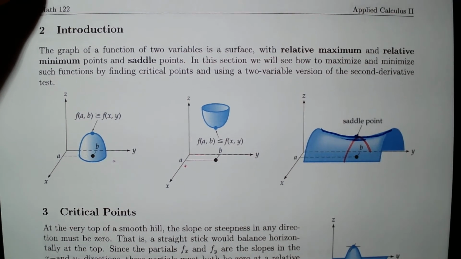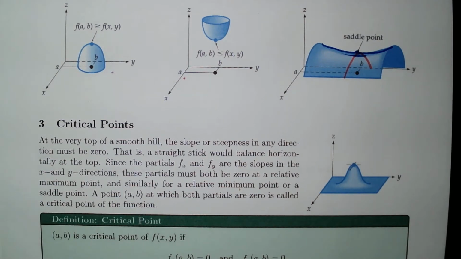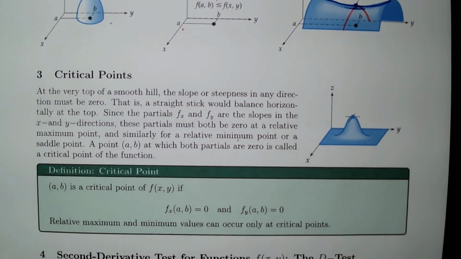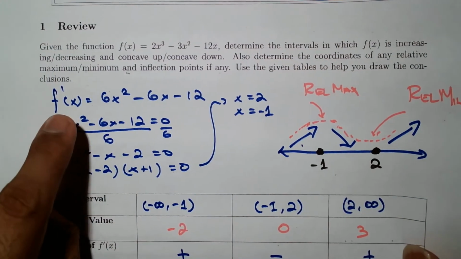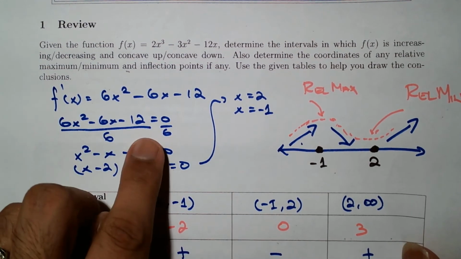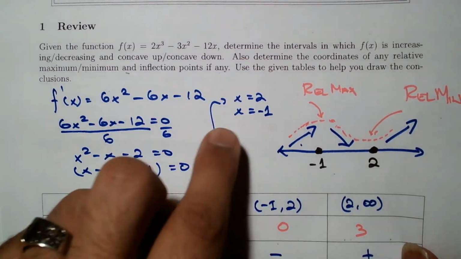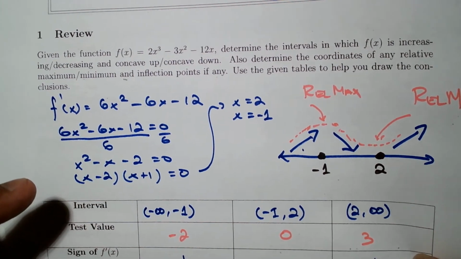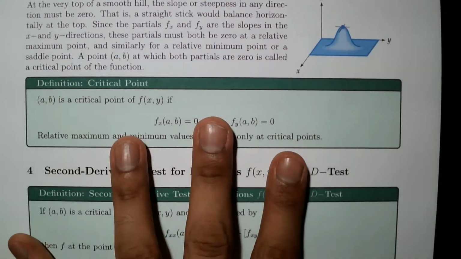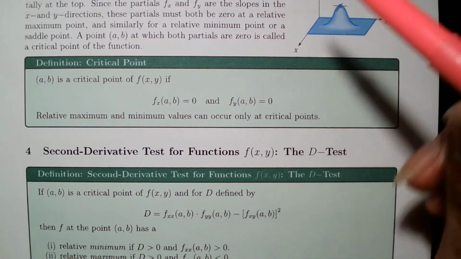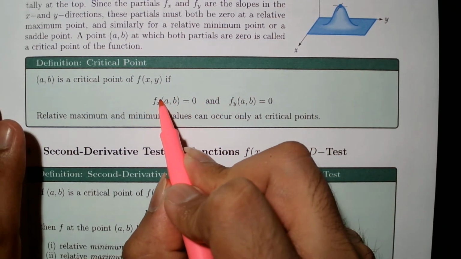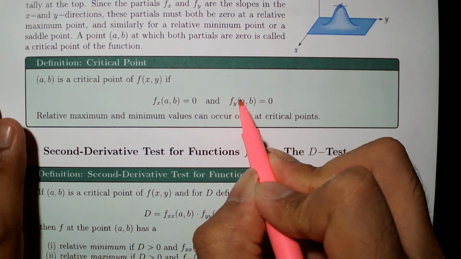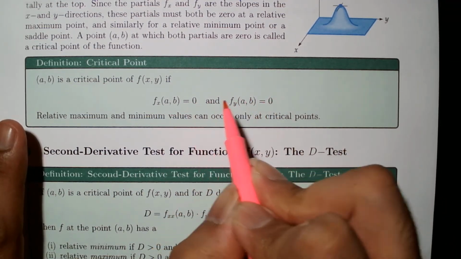Now, how are we going to find critical points for functions of two variables? Well, with the single variable function, first we took the first derivative and then set it equal to 0 to find all critical points, right? For functions with more than one variable, we take the partial derivative with respect to x and the partial derivative with respect to y, and set both equal to 0.